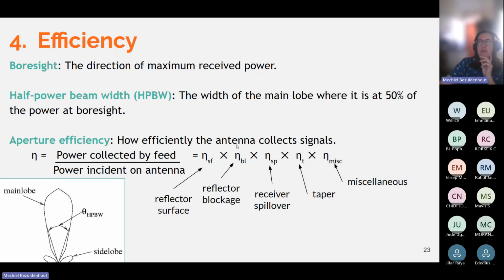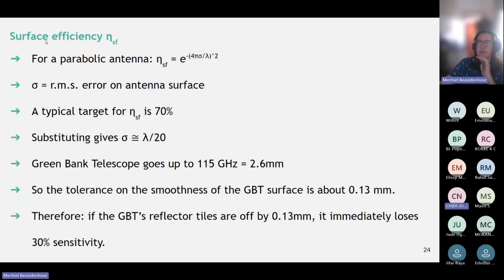So let's talk about the surface efficiency for a bit. For a parabolic antenna, the surface efficiency factor is given by this equation: e to the power minus 4 pi sigma over lambda squared. Lambda is the wavelength of the emission, and sigma is the RMS error on the antenna surface.